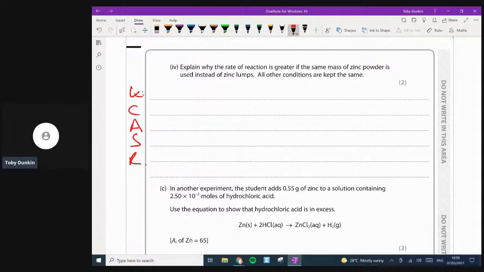So knowledge. Zinc powder has a greater surface area, a larger surface area. Therefore, collision frequency.